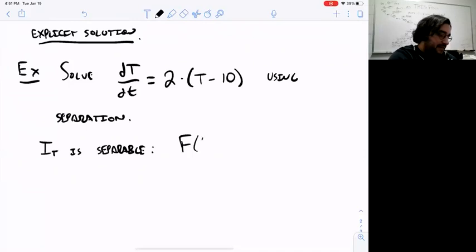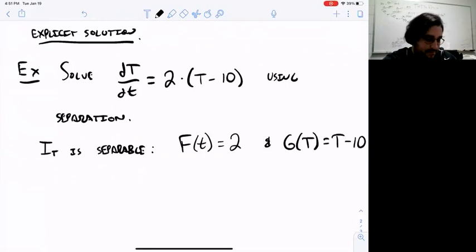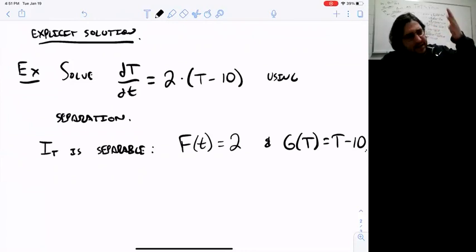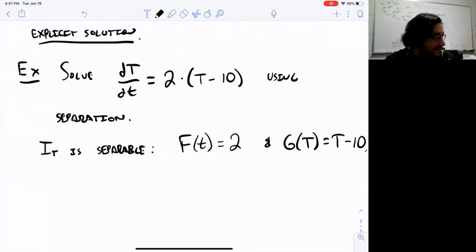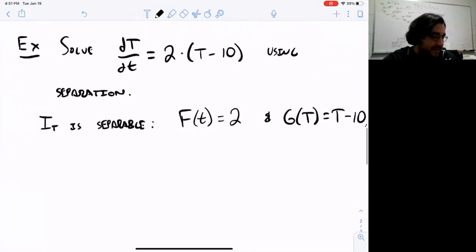We have f of t is 2 and g of big T is T minus 10. So it is separable. It's already written as a factorization of a function of little t times a function of big T. Here I'm using little t and big T as opposed to x and y, but just think of it as dependent variable, independent variable. It doesn't really matter what letters they are. The process is the same.